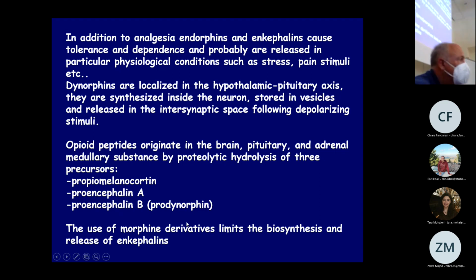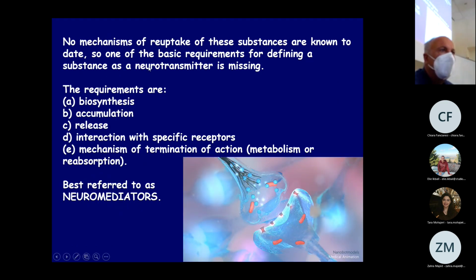It is like a negative feedback. If you take morphine, you can have a negative feedback in the formation and biosynthesis of endogenous enkephalins. No mechanism of reuptake, already said. So we can define this compound, enkephalin, as a neuromediator.